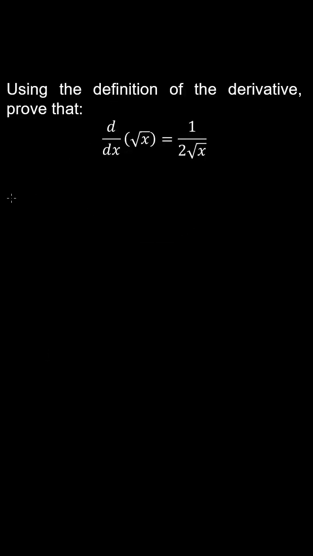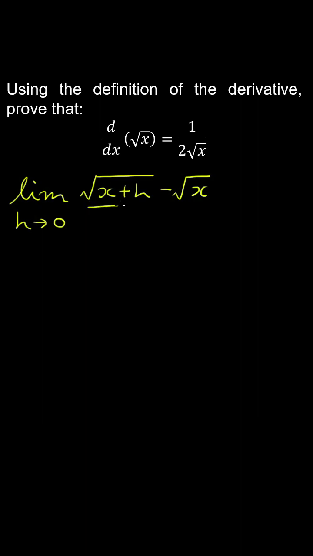Let's evaluate this derivative using the definition. So we have the limit as h approaches 0, and our function is root x. So that will be root x plus h minus root x over h. And we multiply this by the conjugate in the numerator and denominator.